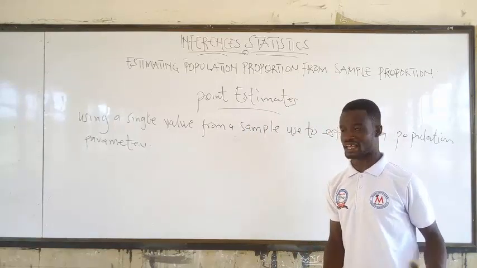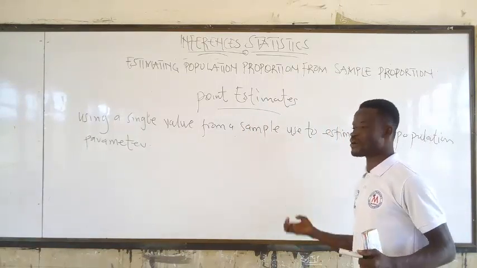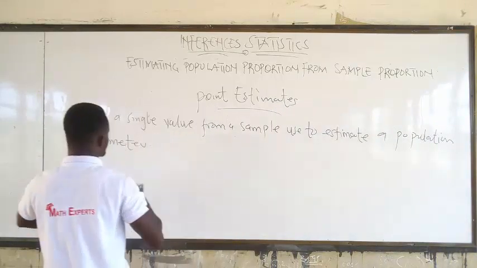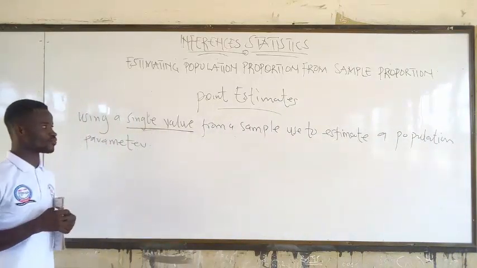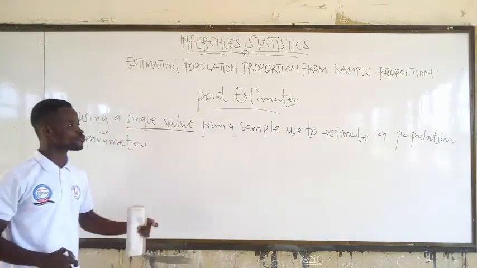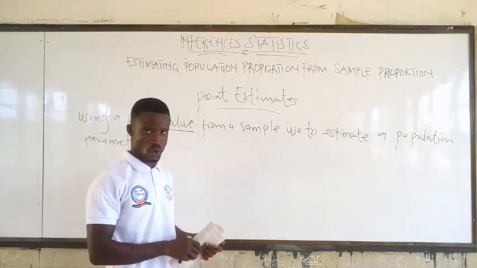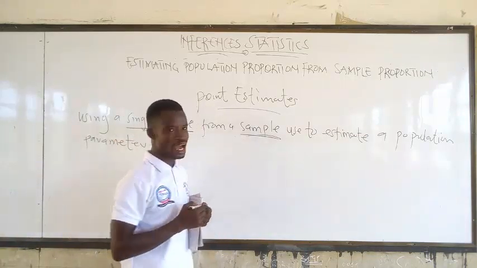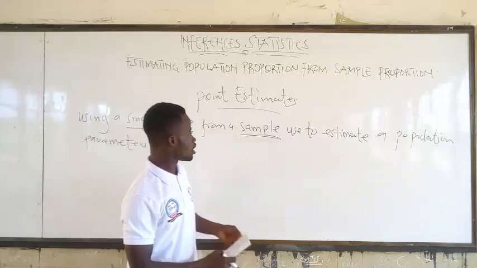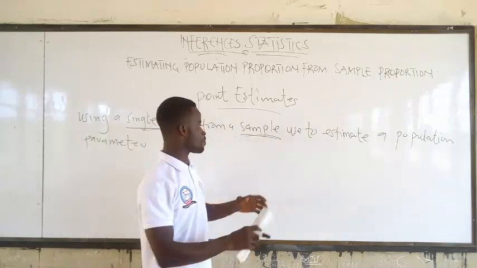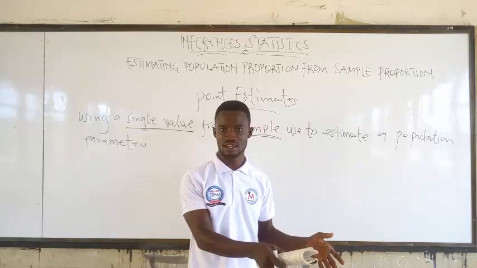A sample. Alright? So now when we talk of point estimate, what we are saying is that using a single value, underline a single value, from a sample. And you know all the sampling techniques.